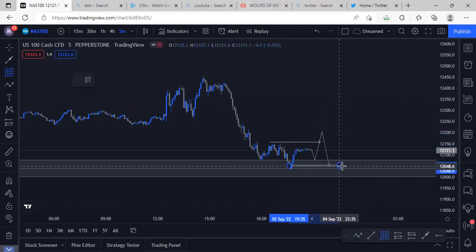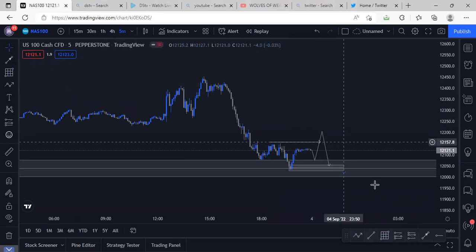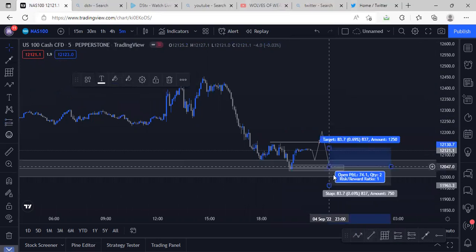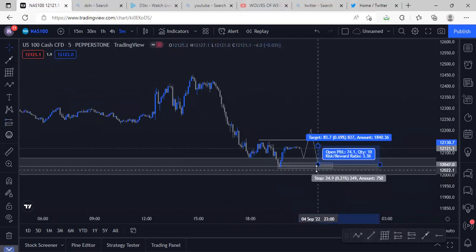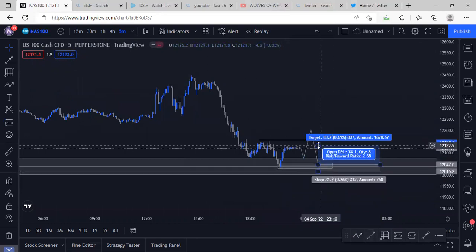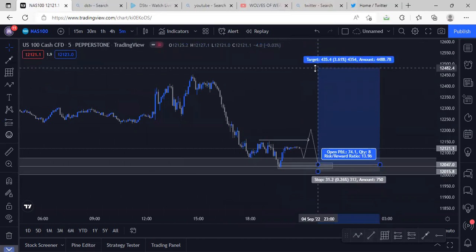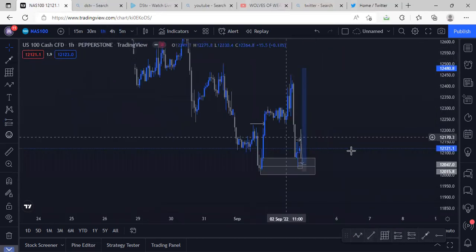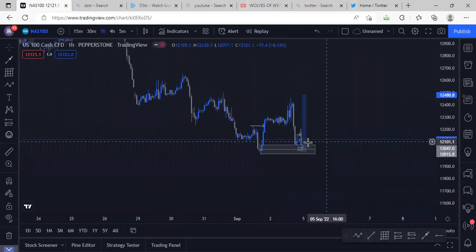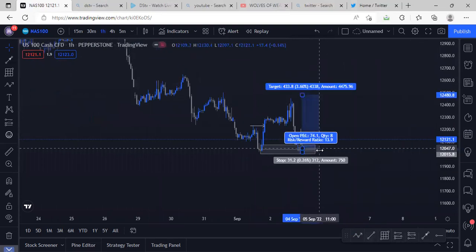When it retests this order block, that's when you can enter your buys. And if you find a trade like this, then your stop loss is much tighter than it would have been on the H1 time frame. It's still the same trade, but your stop loss is now tighter because of the confirmation on the 5 minute time frame.